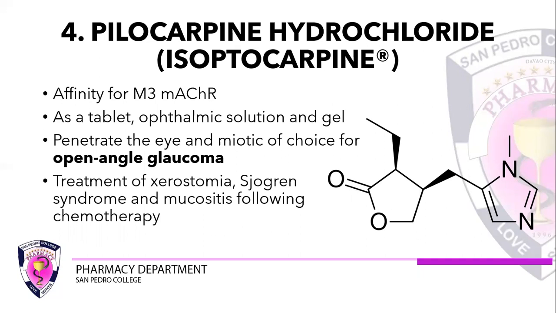It is also used for the treatment of xerostomia, the medical term for dryness of the mouth, Sjogren's syndrome, and mucositis following chemotherapy. Pilocarpine is utilized to stimulate secretions from your lacrimal glands, from your salivary glands, and the like.